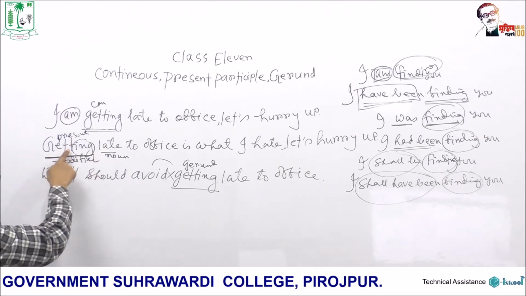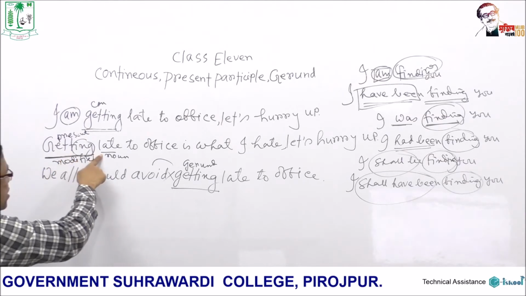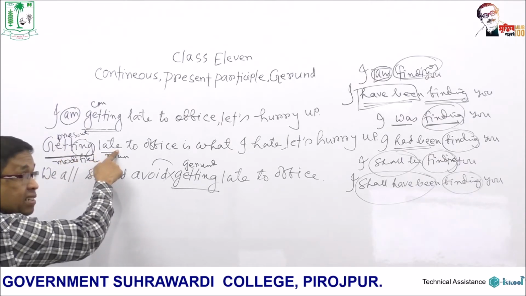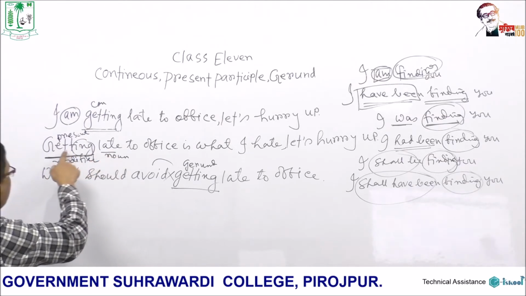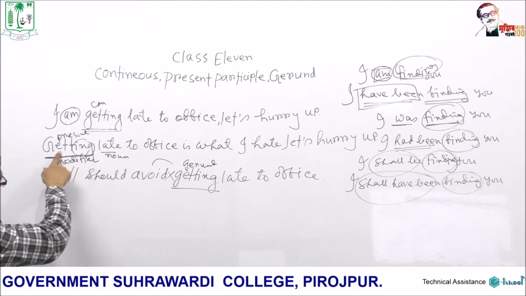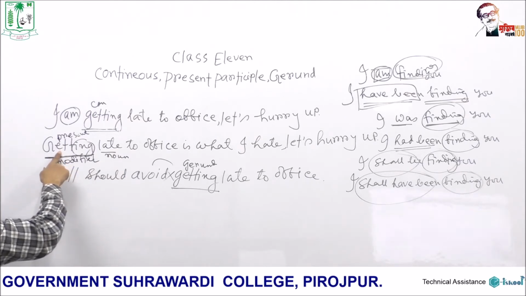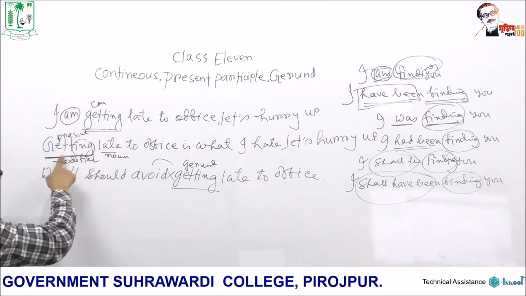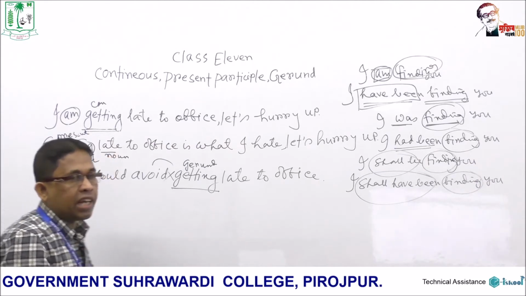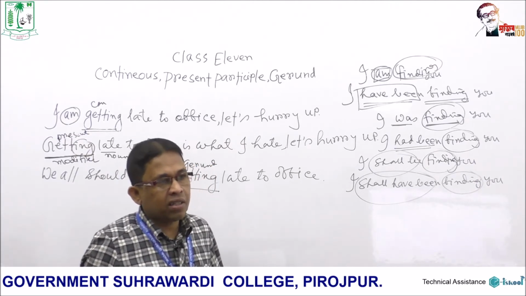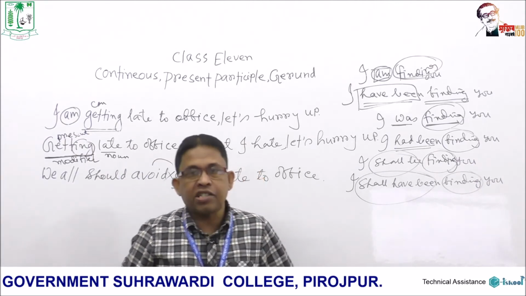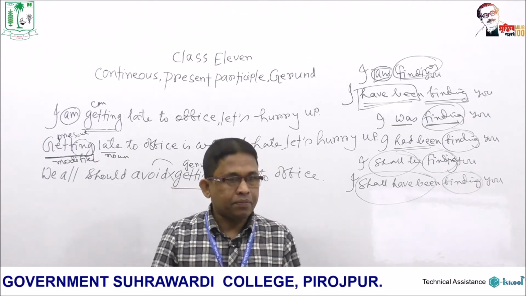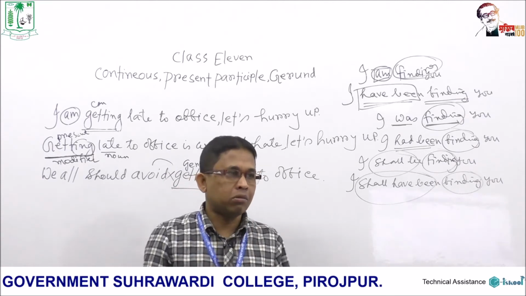That is, here this getting modifies late, and that is why, though this getting derives from a verb, as it modifies late, it acts as an adjective, because the basic function of an adjective is to modify a noun or a pronoun.